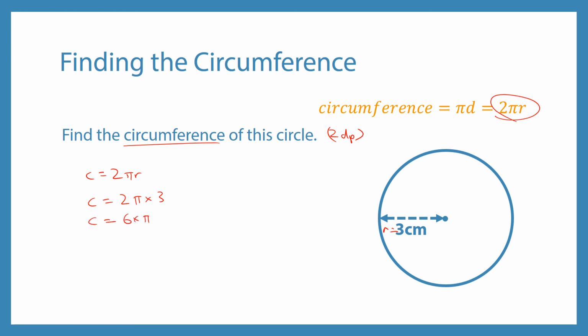To 2 decimal places, we stick it in our calculator, and we will get 9.42 centimeters to 2 decimal places. Again, we can check this using c equals 6 times 3, which will give us 18.